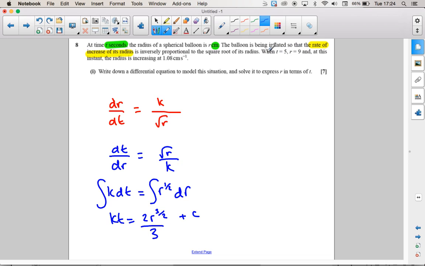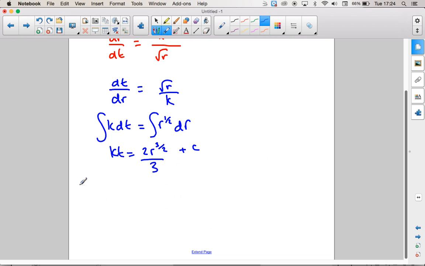Okay, they've given us a piece of information. They've told us when t equals 5, r is 9. So let's substitute that in. So that gives us 5k equals 2 times 9 to the power of 3 over 2. 9 to the power of 3 over 2 is the same as the square root of 9 cubed, which is 3 cubed, which is 27.